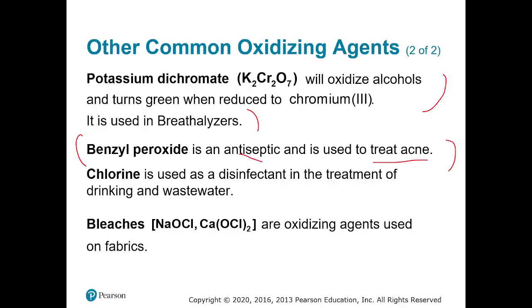Chlorine, used as a disinfectant in the treatment of drinking and wastewater. Now, chlorine is used a lot in small towns. So if you live in a smaller town, you've probably drunk chlorine-treated water. It's very cheap compared to the other ways you can treat water on small scales.